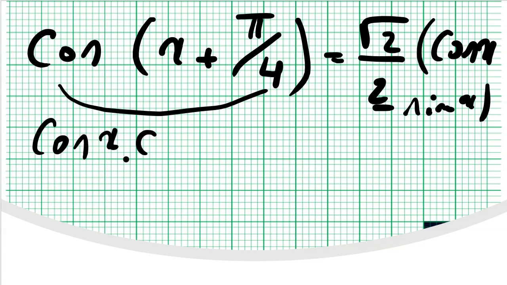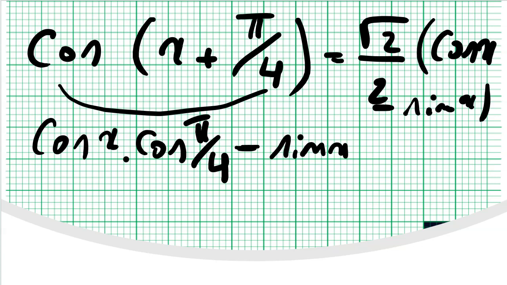Cosine of x times cosine of pi divided by 4, which is 45 degrees, right? It's selfish. It's the cosine. It changes the sign, it changes the plus to minus. So minus, and then at the end it tells the sine, please come aboard. Minus sine of x, sine of pi divided by 4. Now, what's cosine of 45 degrees?